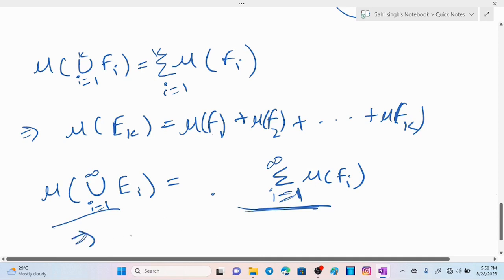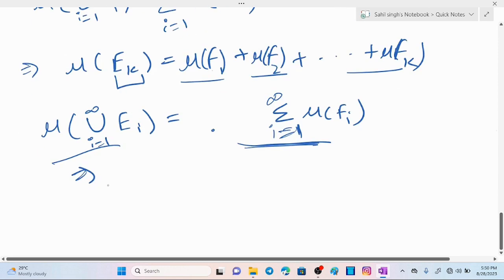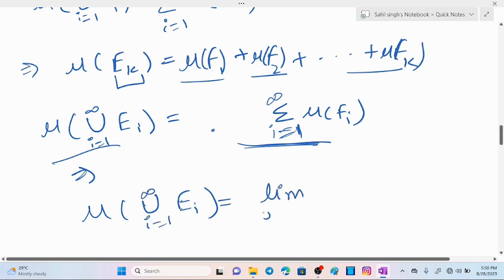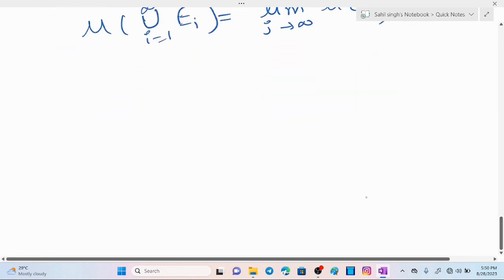So what we can see here is, if mu of ek is this one, like the sum of all these fi's, so mu of the union of ei, i running from 1 to infinity, will be simply the limit j tends to infinity of mu of ej. Okay, so this we have proved.